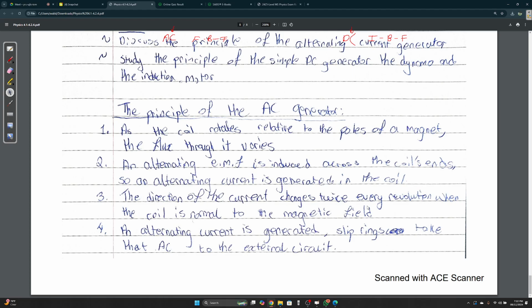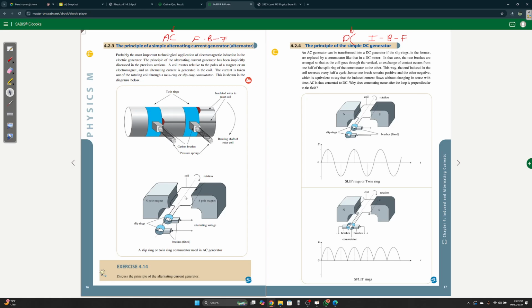The direction of the current changes twice every revolution when the coil is normal to the magnetic field. So it changes over here. When it's normal to the magnetic field, or not here, this is parallel, right? Because the magnetic field goes like this, okay? When does it change? I don't know why they haven't given us a graph, but it's when it's normal.